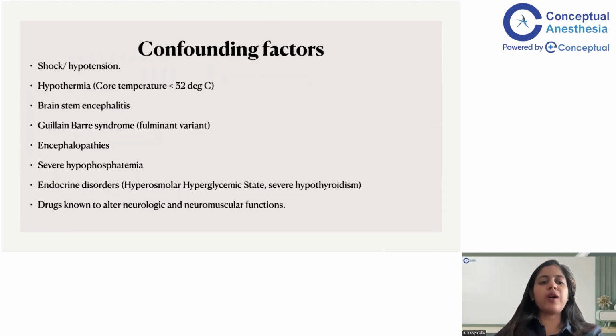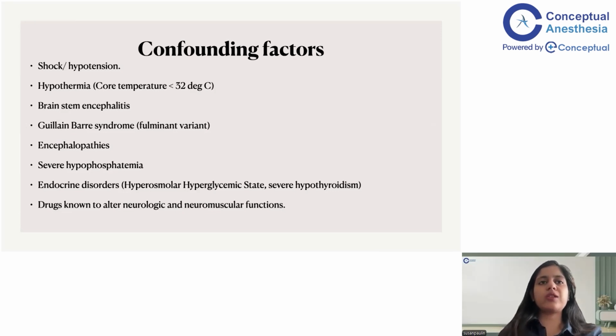So what are the confounding factors that we need to exclude before we proceed for the test for brain death? So you need to exclude shock or hypotension, presence of hypothermia as recorded by a core temperature of less than 32 degrees Celsius, exclusion of brainstem encephalitis, and other infectious causes and inflammatory causes such as Guillain-Barré syndrome, encephalopathies due to various causes such as metabolic, sepsis and other related features, severe hypophosphatemia, endocrine disorders such as hyperosmolar hyperglycemic state, severe hypothyroidism, drugs known to alter neurological and neuromuscular functions.